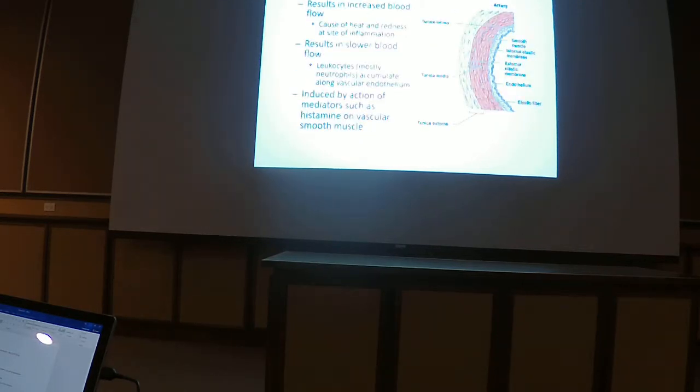So let's go back to our steps and dive into them with a little bit more detail. So first thing that happens in the inflammatory response is vasodilation. And we already talked through why that should make sense. There's increased blood flow. There is slower blood flow. The purpose of the slower blood flow is for white blood cells, and again, neutrophils are the main players in acute inflammation, which are normally traveling through the middle of the vascular lumen at high speed, shall we say.